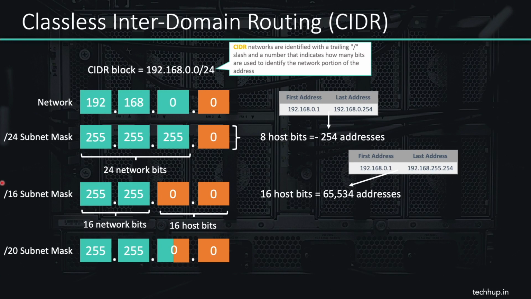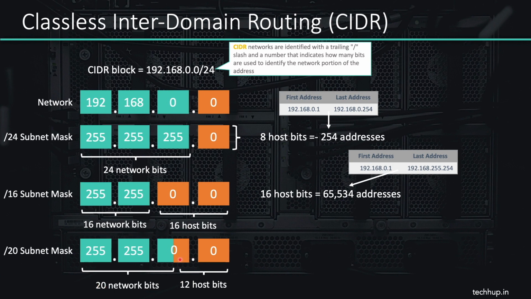Here you can see that we have shared some bits from the third octet of the network octet with the host octet, and that leads to 12 host bits and 20 network bits as against 24.